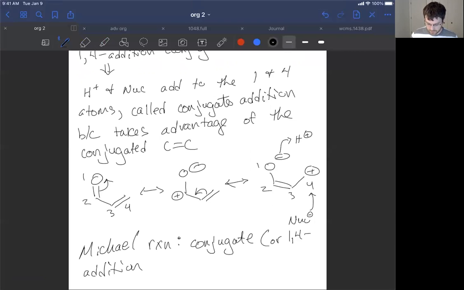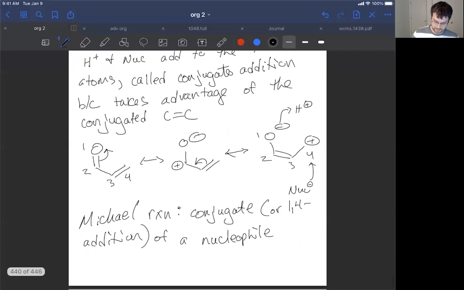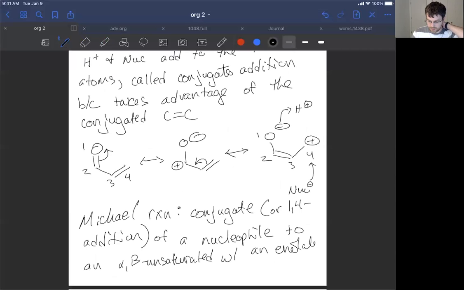So it's the conjugate, or 1,4, addition of a nucleophile to an alpha beta unsaturated carbonyl with an enolate intermediate. This is a cool reaction. This is a super useful reaction.